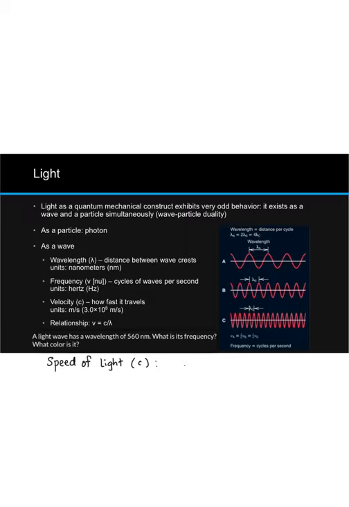And that speed, like the speed of other waves, is equal to the wavelength of light times the frequency of light. So once again, lambda, that Greek letter that looks like an upside down Y, is our wavelength, which must be given in meters if it's not already. Frequency in hertz or inverse seconds.